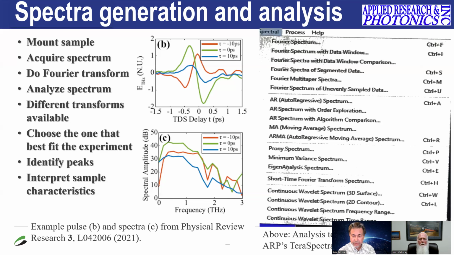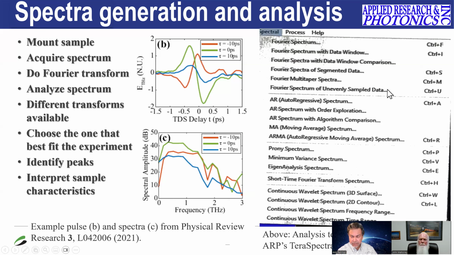In our software, we have built in all of these capabilities: simple Fourier transform, Fourier spectrum with data window, which I will explain, and Fourier spectra with data window comparison, where you can compare two different filters. And then Fourier spectra of segmented data, Fourier multi-taper spectra, and Fourier spectrum of unevenly sampled data.